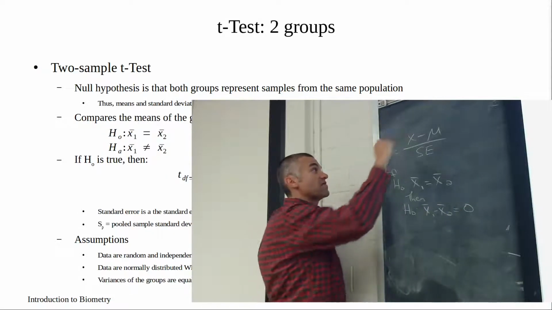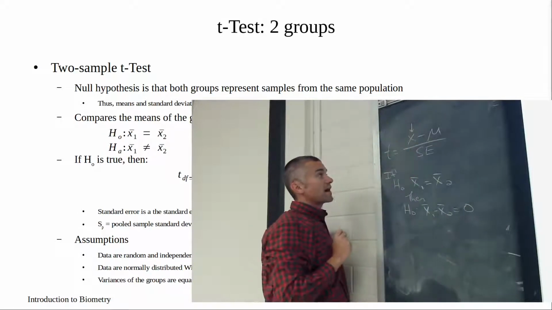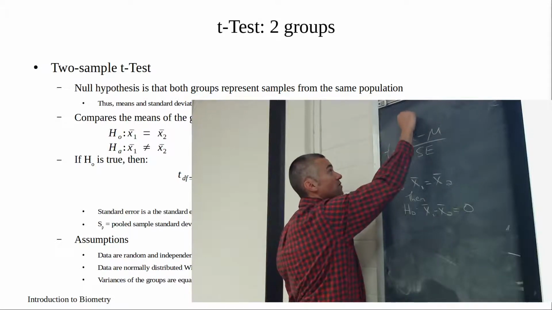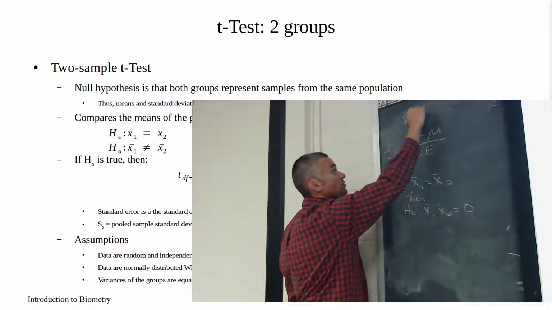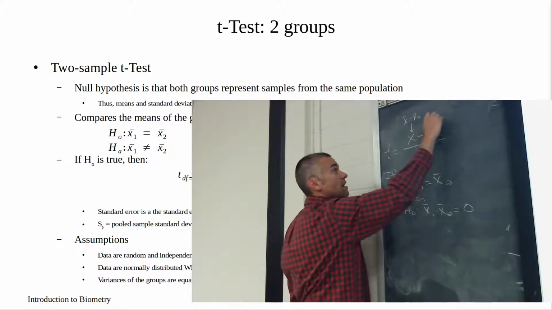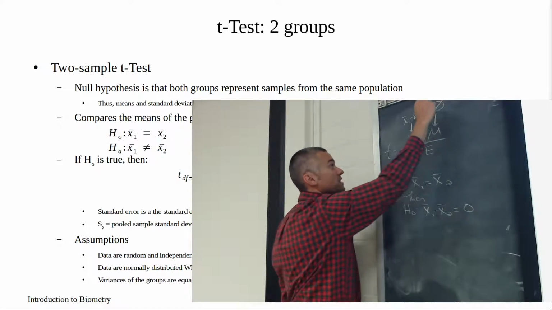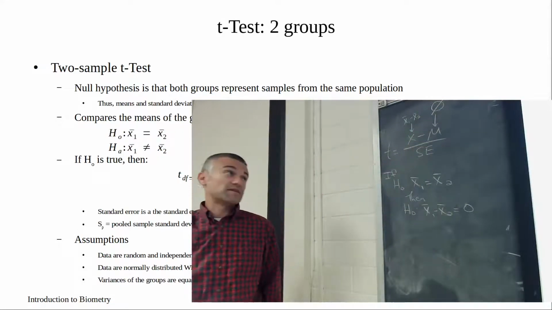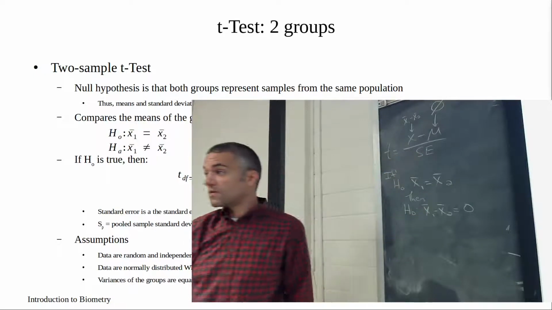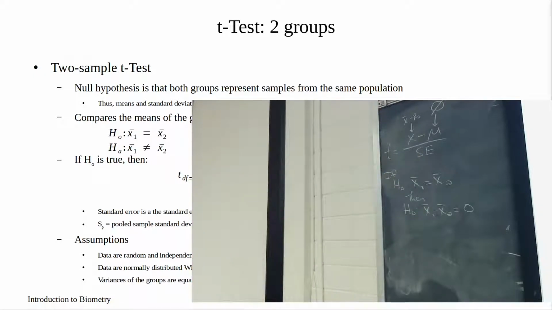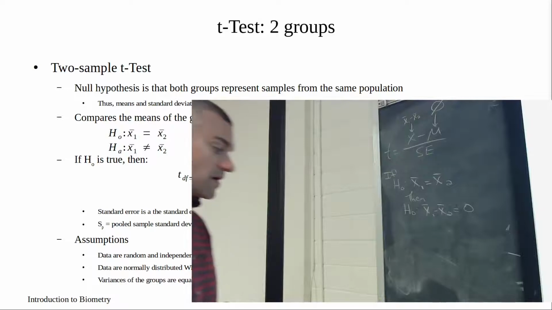Then the term x becomes x bar 1 minus x bar 2, and our mu becomes 0. We still have a standard error to contend with, and that's what I have up here.